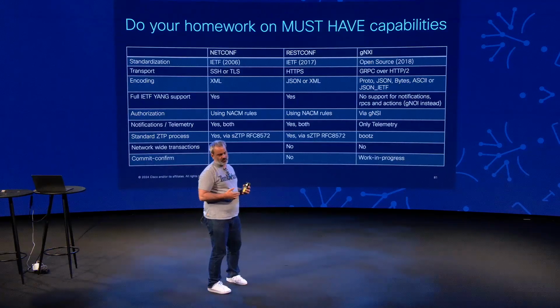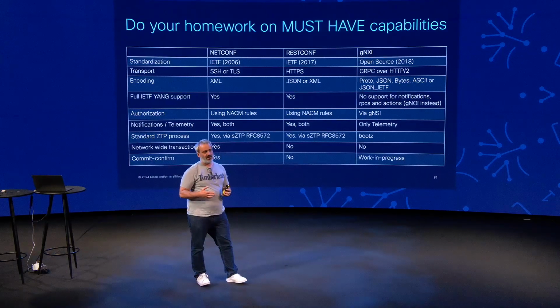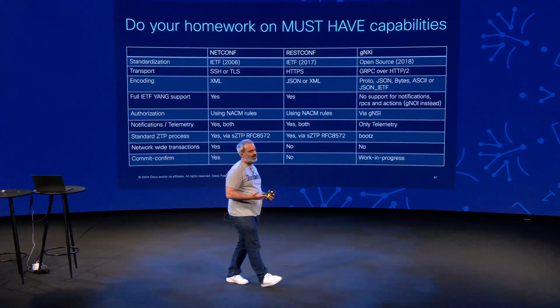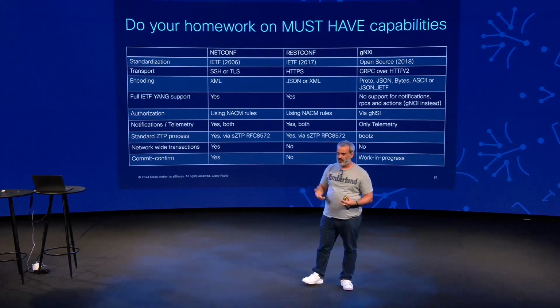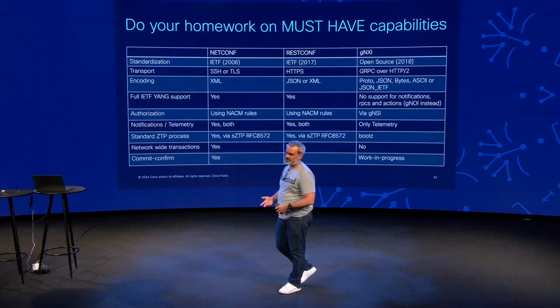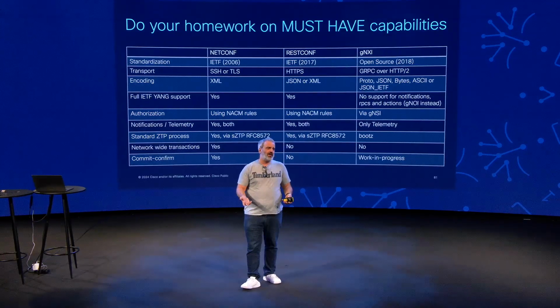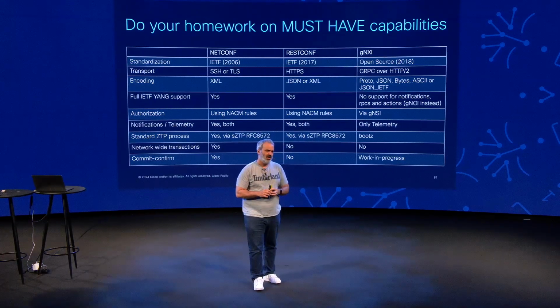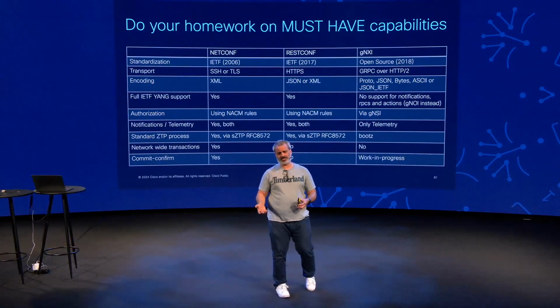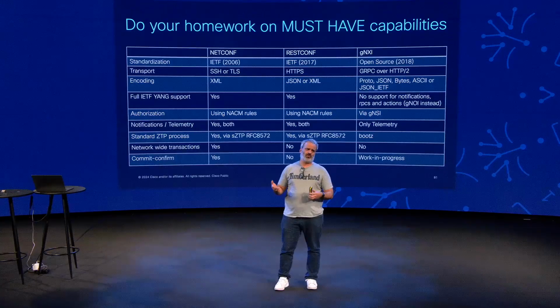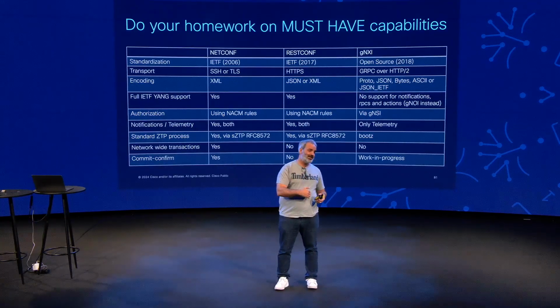But I wanted to mention an example of one capability that is a very well-known NetConf capability called commit confirm. We have supported that in NSO for a long time, but that was not available in gNMI, in the gNXI family. What happened in recent months was that the community requested that one to be added.